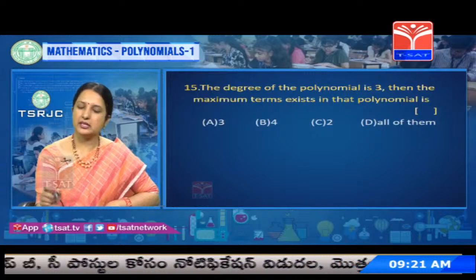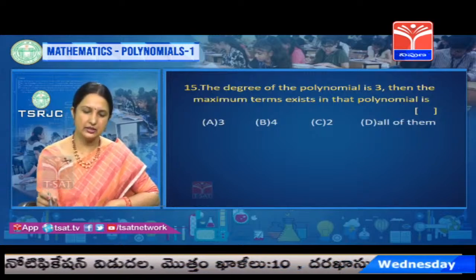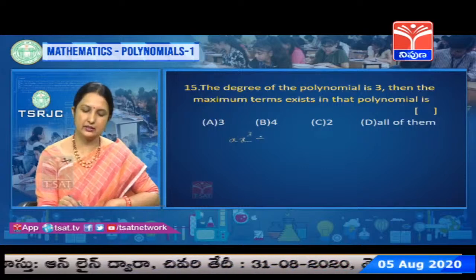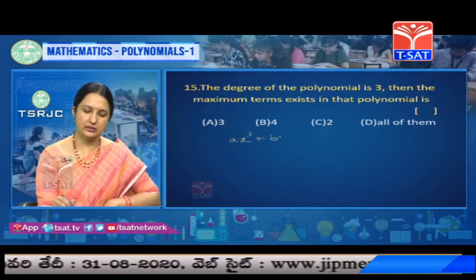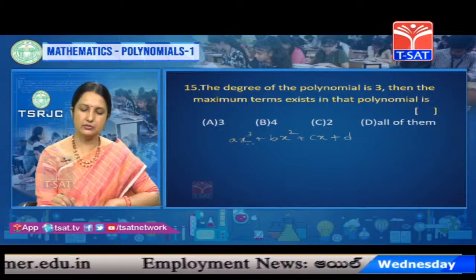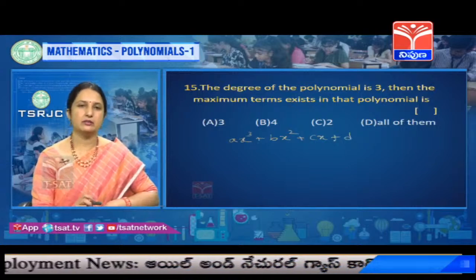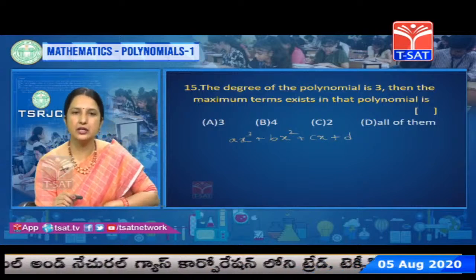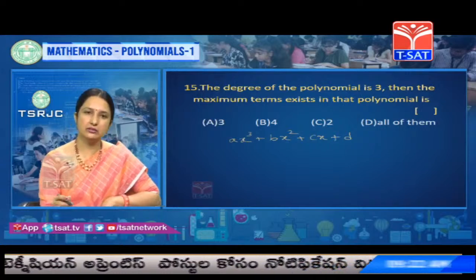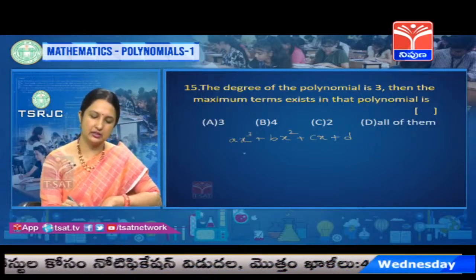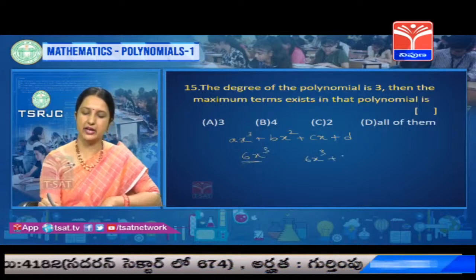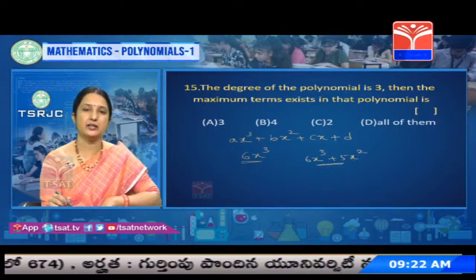The degree of the polynomial is 3. So the degree is 3. Then what are the maximum terms that exist in that polynomial? Degree 3 general form is ax power 3 plus bx power 2 plus cx plus d. How many terms are there? Maximum 4 terms. Why did we say maximum terms? Because polynomials of degree 3 can have fewer than these 4 terms too. Yes, it can be. 6x³ is also a polynomial. 6x³ plus 5x² is also said to be a polynomial.